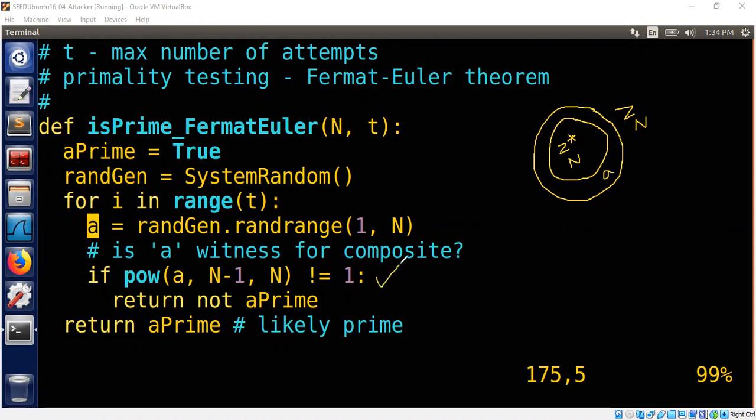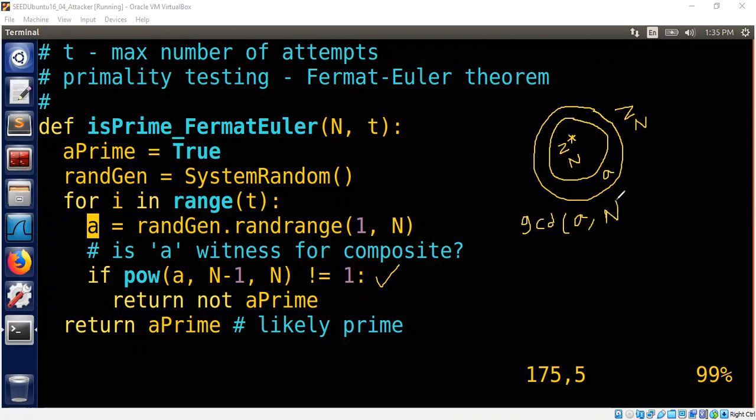Let me show you why. First of all, remember a is not part of Z star n. That means a must have some factors in common with n, so GCD of a comma n is not equal to 1. Otherwise it would have been part of Z star n.